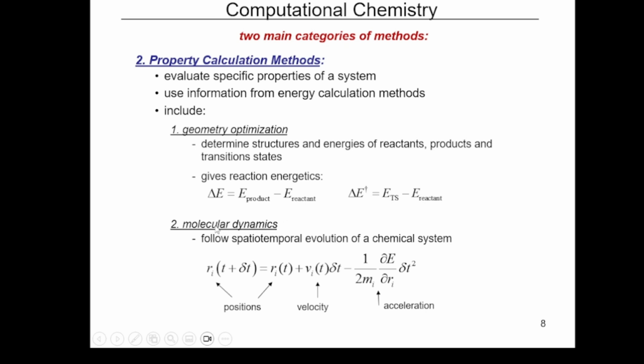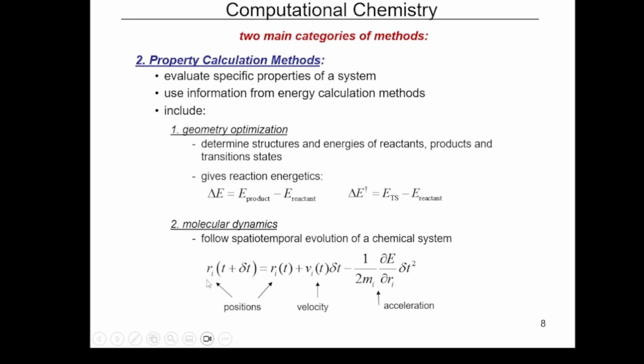As far as molecular dynamics is concerned, I mentioned previously that it is following the spatiotemporal evolution of a chemical system. So in this case, we see how the coordinates of a system change after a certain time. For example, if you're looking at a system at time t plus delta t, it will depend on the initial position.